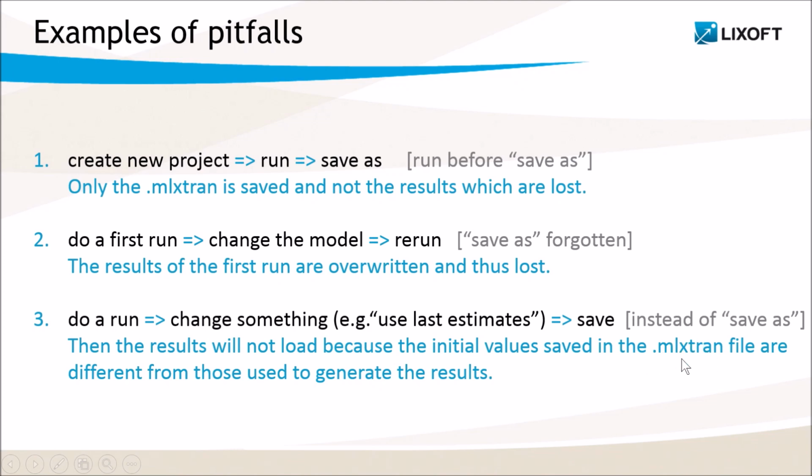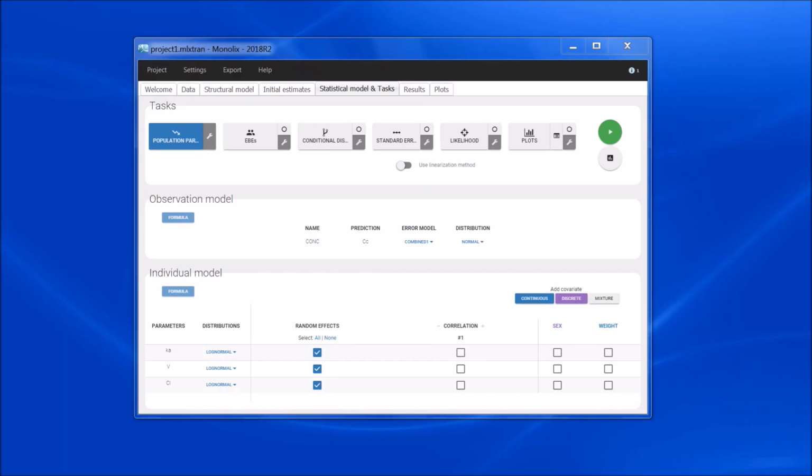The ones in the saved .mlxtran file are the last estimates, but the ones that have been used to generate the results are the previous values. And because the two are not consistent, Monolix will refuse to load the results.